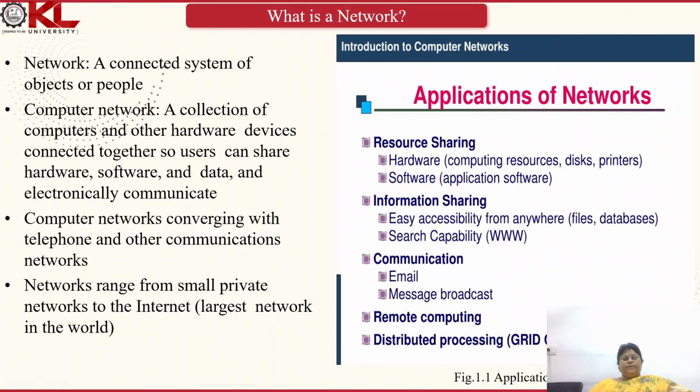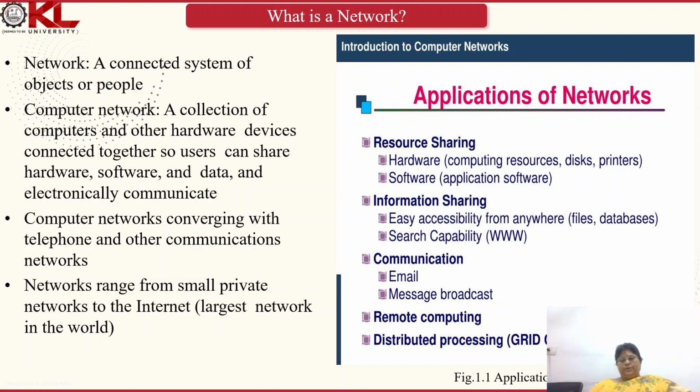Before going into the course, we'll start with the definition of a network and what it does. So, network. Network means a connection, a connected system of objects or people.